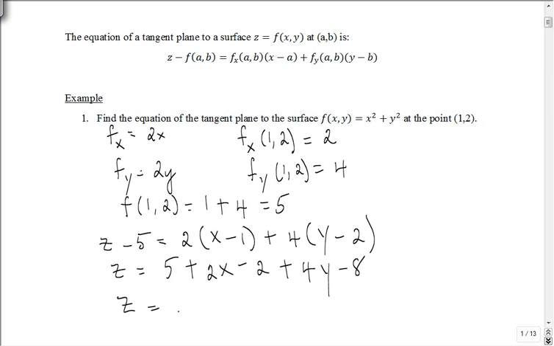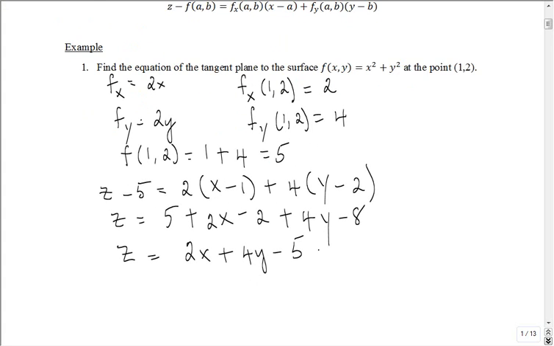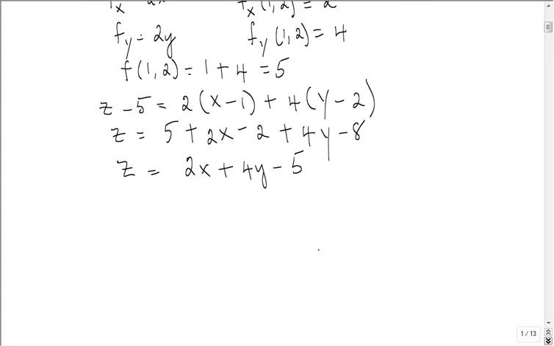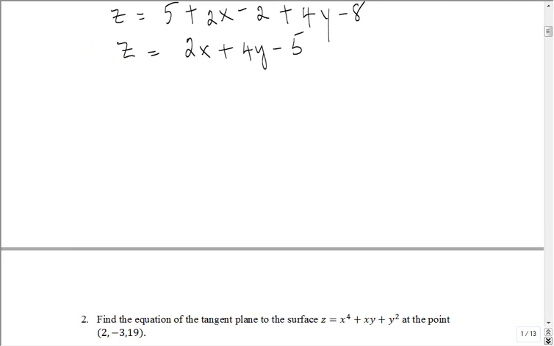Z equals 2x plus 4y minus 5. Okay, any questions? Let's do this one.